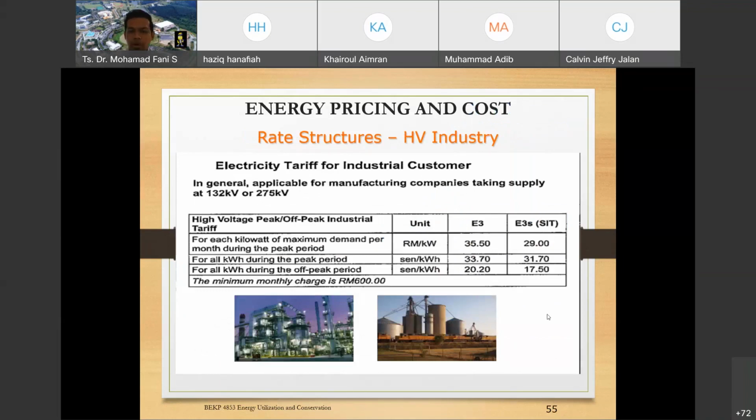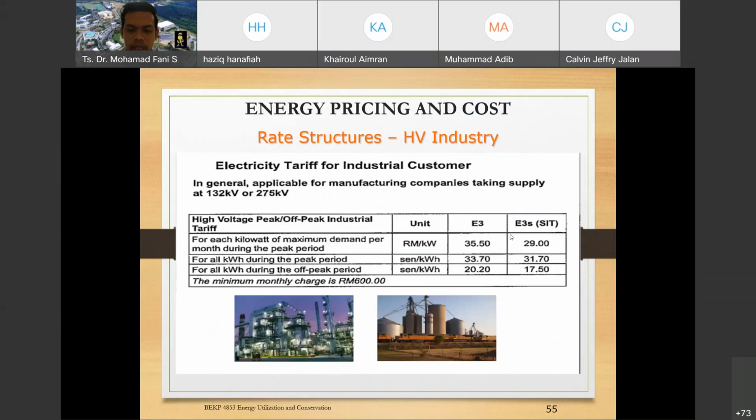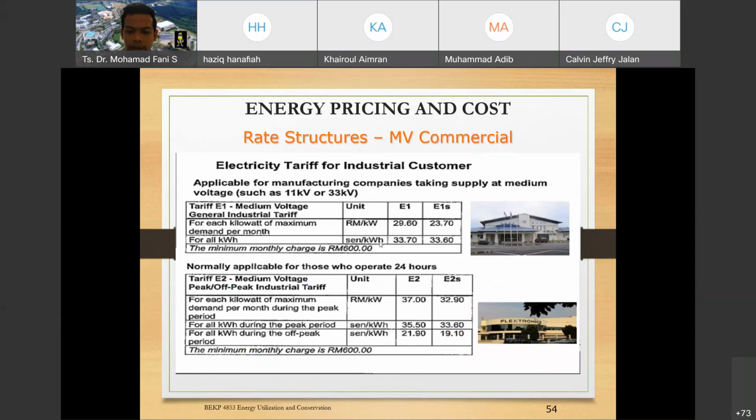Okay, high voltage is E3. Look at the price for E1, E2, and E3 for the kilowatt hour. We can see that E3 is charged a lower kilowatt hour charge compared to E1 and E2. It is very much lower, 20 cent and 30 cent compared to E1, 33, 35, 31.